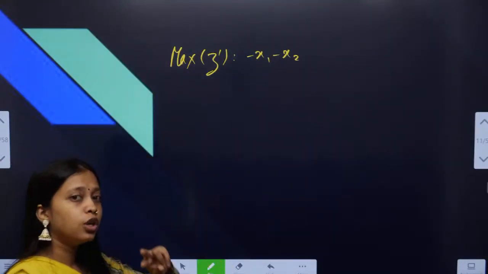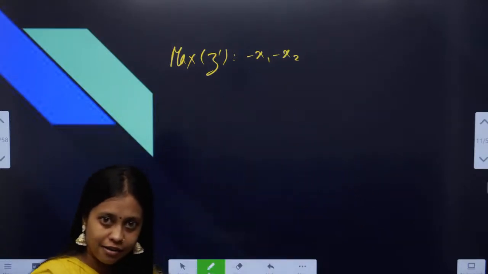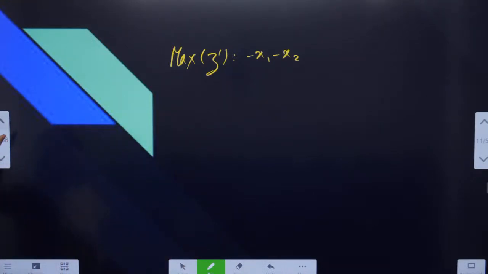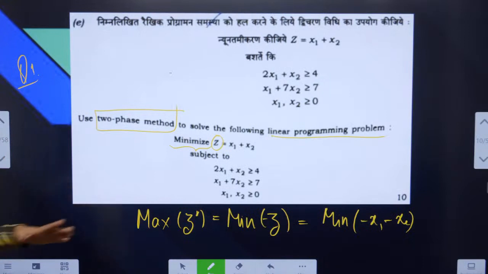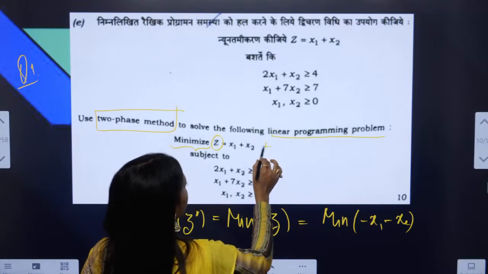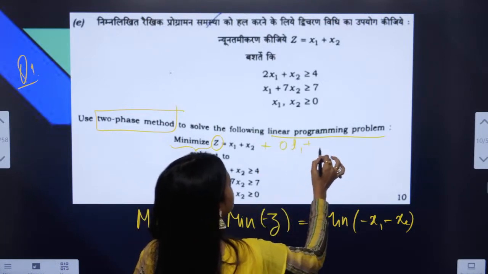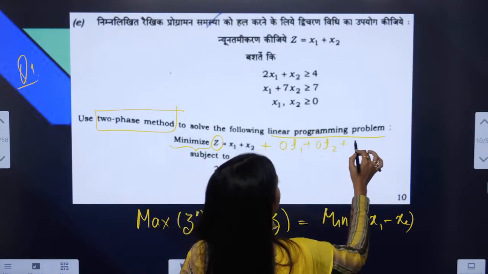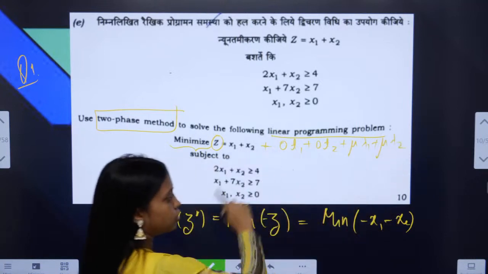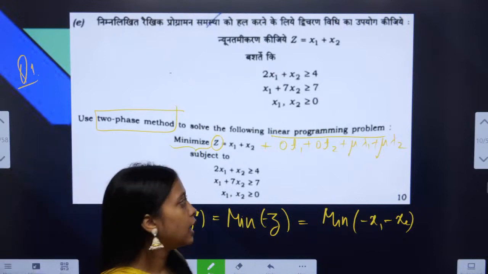Two-phase method means the first table with respect to Cj, reduce that table, then again you will come to the second phase, and also you observe how many dummy variables are required. 4 variables. So, you can add, this becomes 0 times t1 plus 0 times t2 plus some mu times lambda 1 plus mu times lambda 2. This is what is required, and eventually that mu would be 1 and you can start.